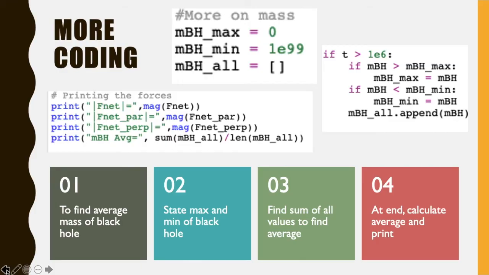Because of this, to find the correct mass of the black hole based on the changing net forces, we have to take the averages of each time step all together. To do this, we just add up all of the masses together and then divide them by the number, and we can find the average.